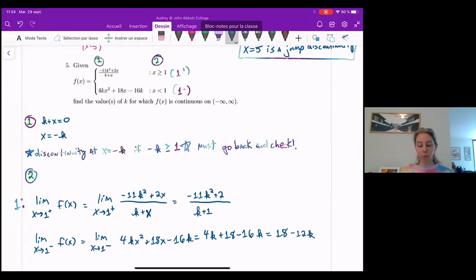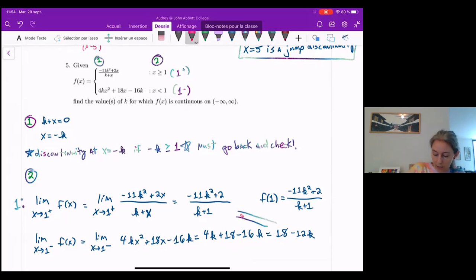And then f of 1, note that f of 1 is defined to be the thing on the right. So f of 1 is equal to negative 11k squared plus 2 over k plus 1. So f of 1 and the limit from the right are the same thing. I don't really have to think about them separately. I just need to set these things equal now.